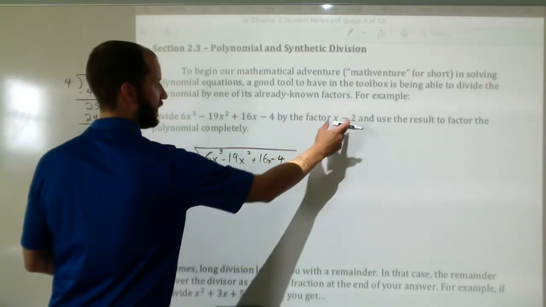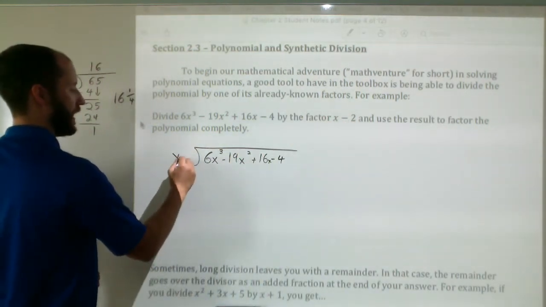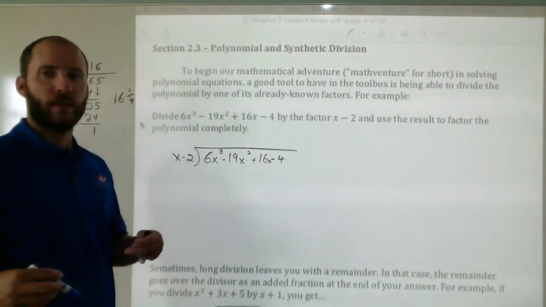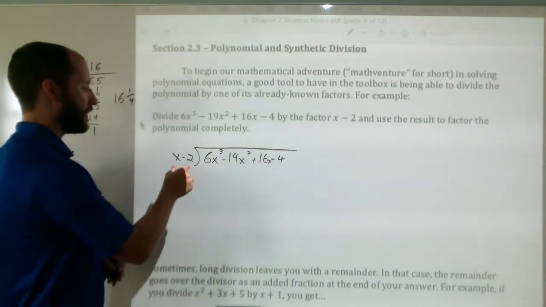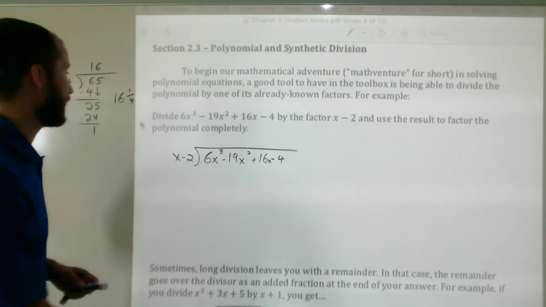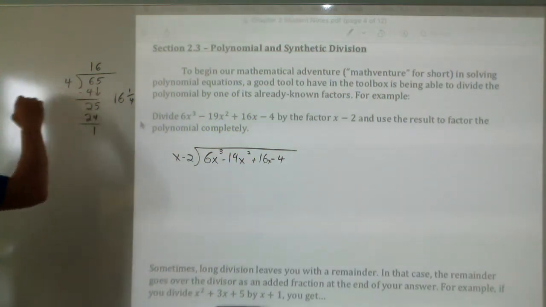And then we're dividing by the factor, x minus 2. Now what we want to figure out is how many times x minus 2 fits into this polynomial, kind of like how many times 4 fits into 65.